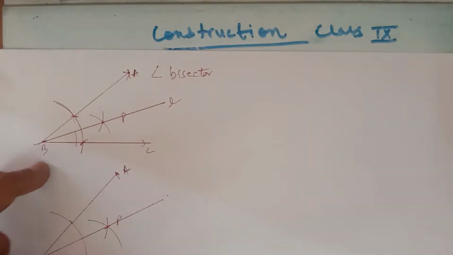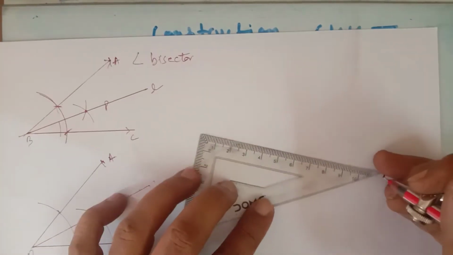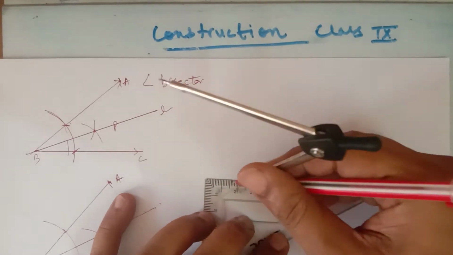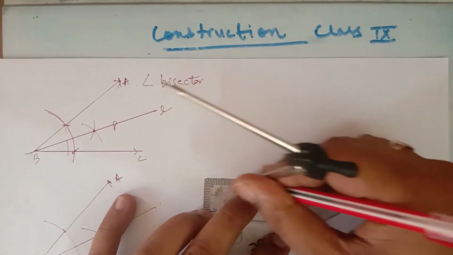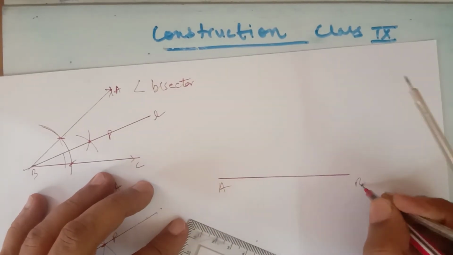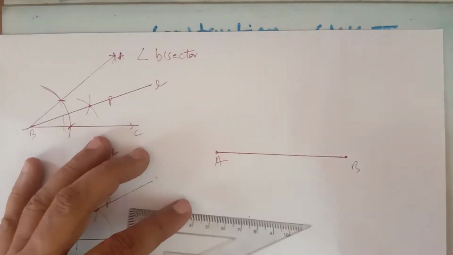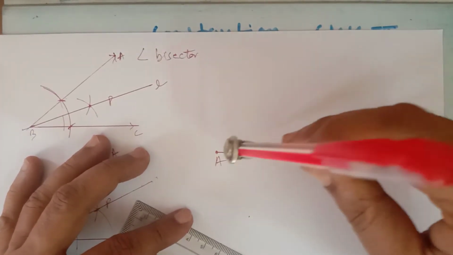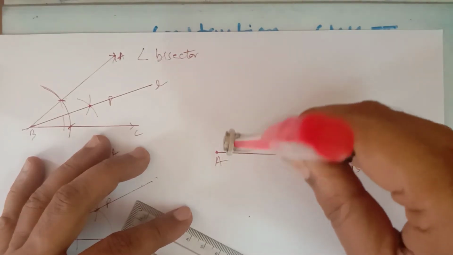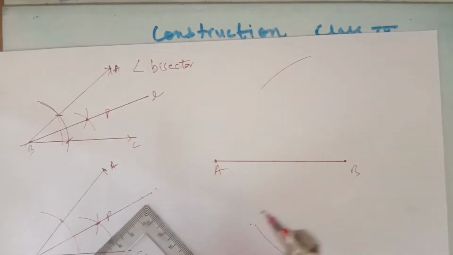Now draw it. You draw any line segment whose perpendicular bisector you have to draw. Let us call it AB. With A or B as a center and a radius more than half of it, you draw the 2 arcs on the opposite sides of the line segment.